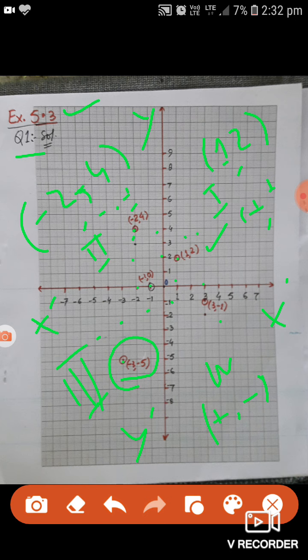Its x coordinate is 3 and y coordinate is -1, so this point lies over here in the fourth quadrant, because you can predict it without locating or drawing the point. We have positive negative points in the fourth quadrant. So this was the whole of question number 1 of exercise 5.3.